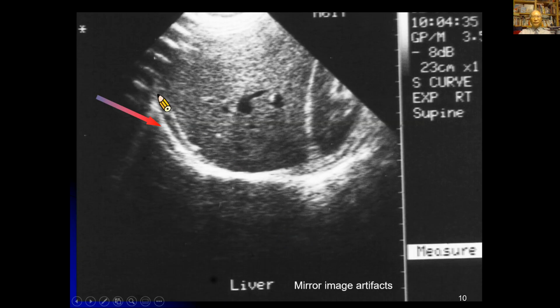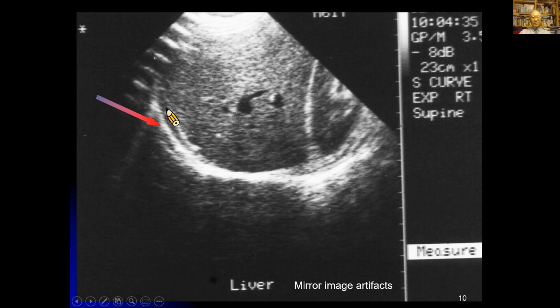And this is not a reverberation, it's a kind of mirror image. Here you can see the visceral pleura or lung, and here is the muscle, the diaphragmatic muscular bundles, and here in between liver and diaphragm there's the liver capsule plus parietal peritoneum.